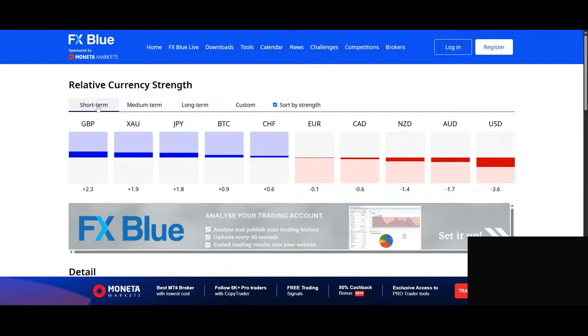It's that simple. CAD JPY short term is selling. Medium term, CAD JPY is buying, and long term I believe it's probably going to be buys. So CAD JPY, CHF JPY, look for buys. Look for sells on AUD CAD and USD CAD. Look for buys on EUR CAD and GBP CAD.